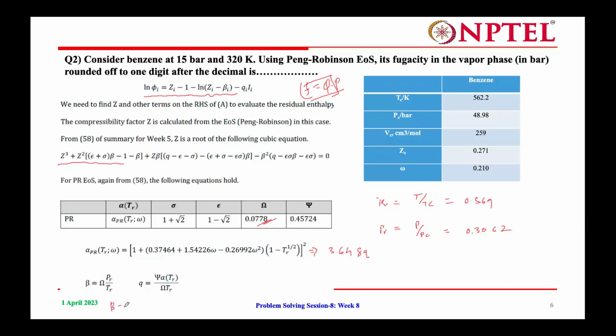So beta is 0.2902, and similarly putting all the values here, you get Q as 37.688.